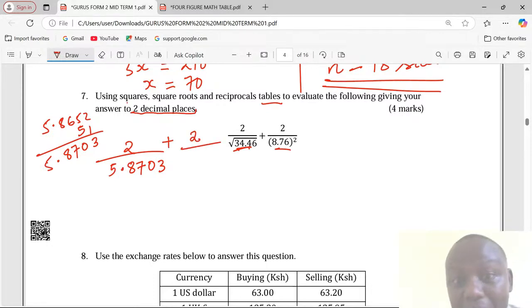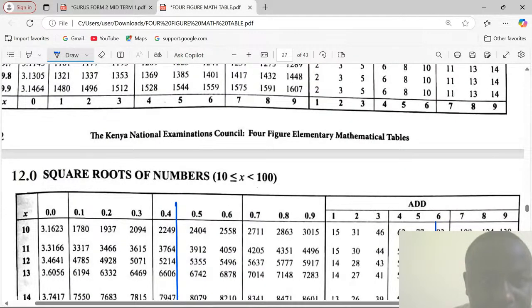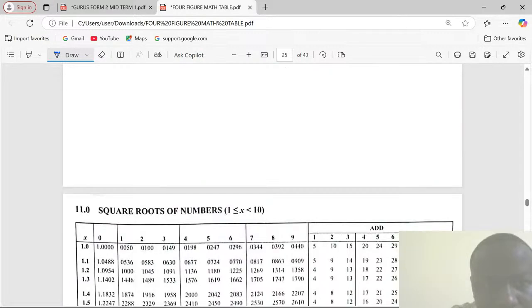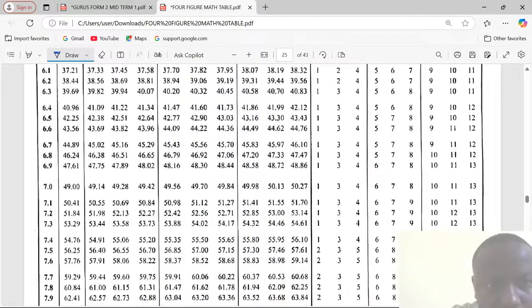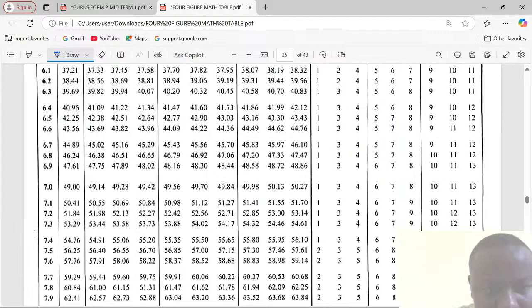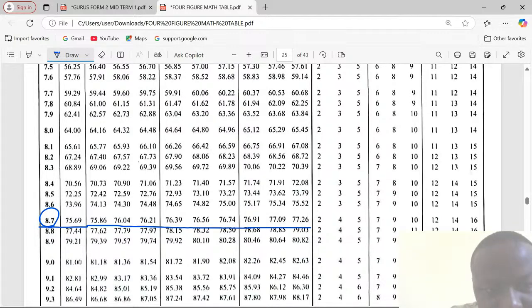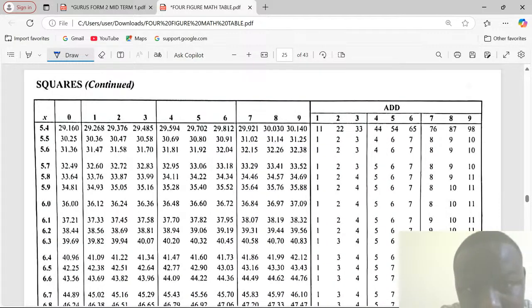Now I'm supposed to square 8.76. So I go to the square tables. 8.7 is the row, then the column with 6 is here.